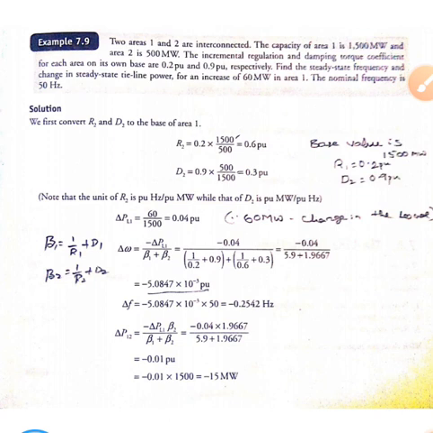The incremental regulation and damping torque coefficient of each area on its own base are 0.2 pu and 0.9 pu respectively. Find the steady state frequency and change in steady state tie-line power for an increase of 60 megawatt in area 1. The nominal frequency is 50 Hz.